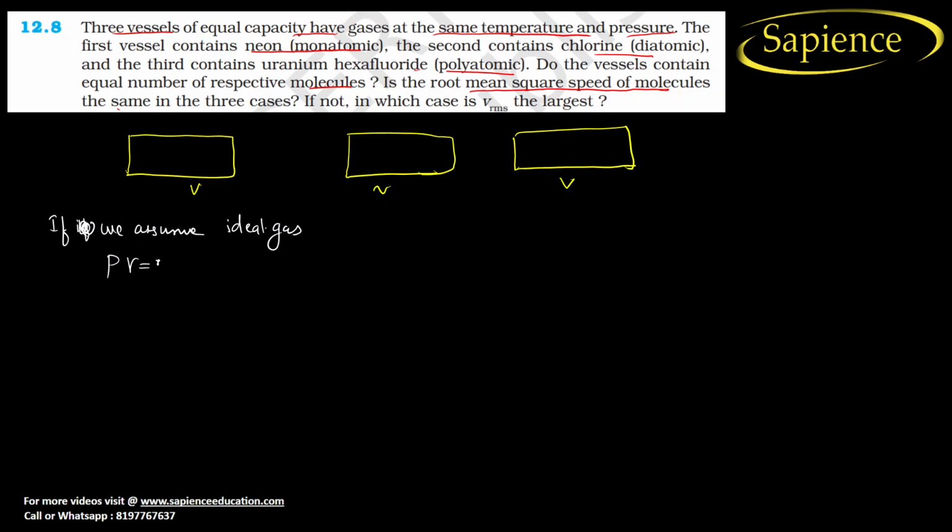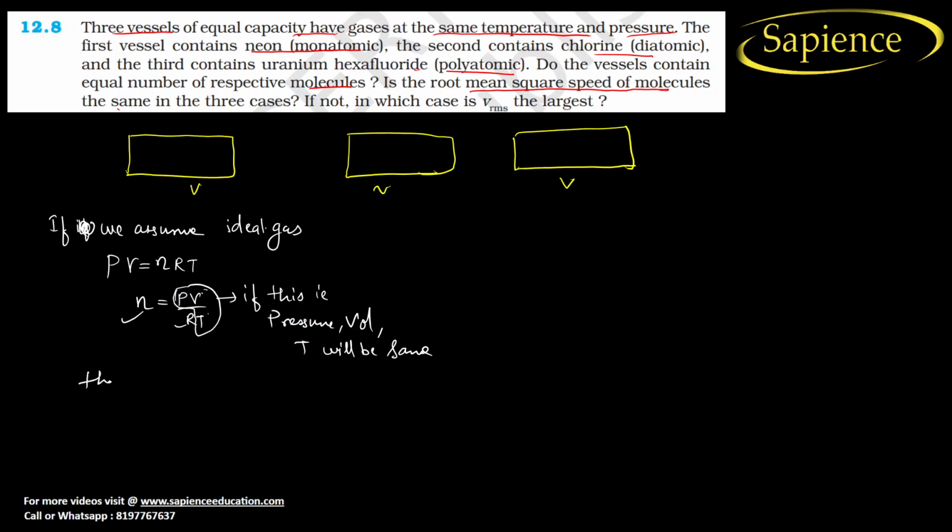Let us consider PV is equal to nRT. So the number of moles will be equal to PV by RT. R is already constant. If the pressure, volume, and temperature of all three gases are the same, then definitely the number of moles will be the same.